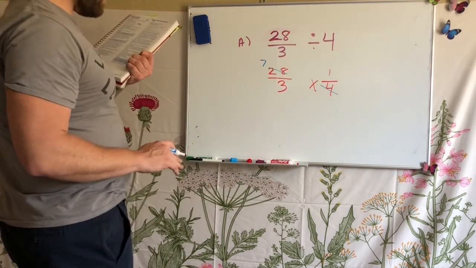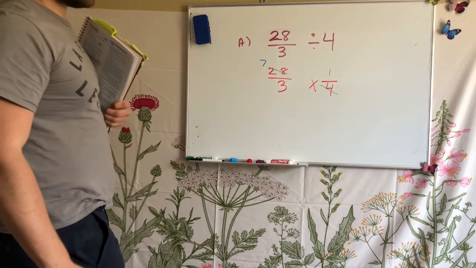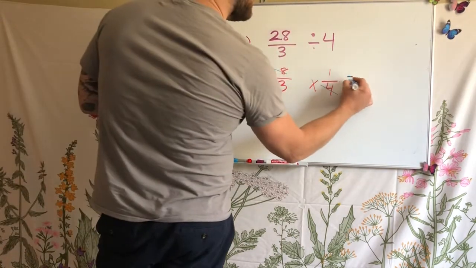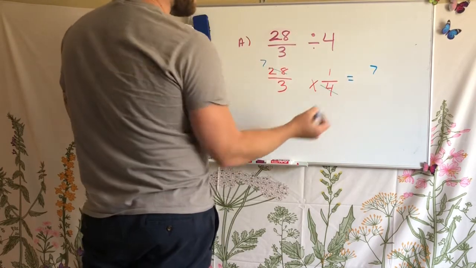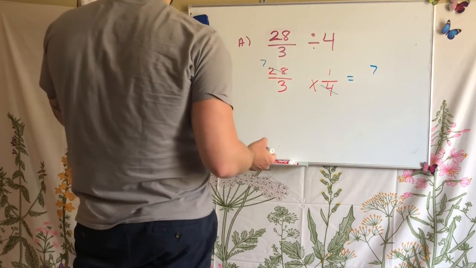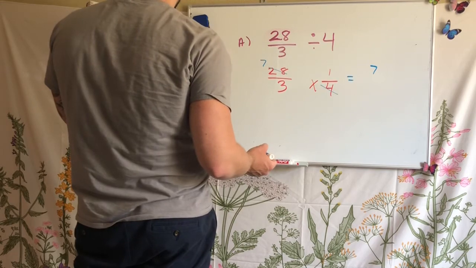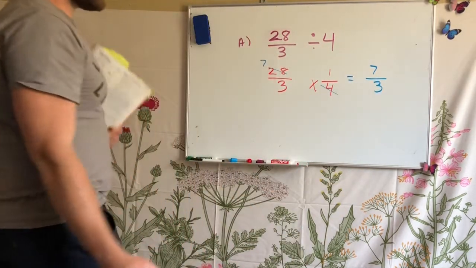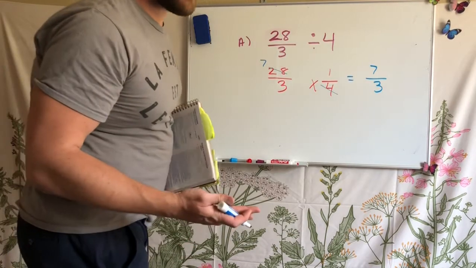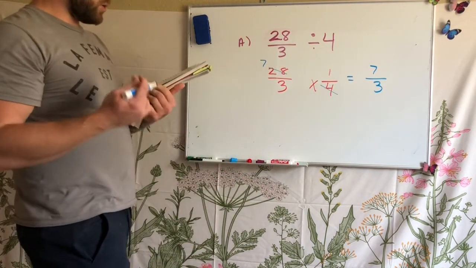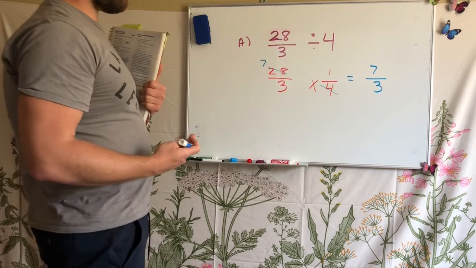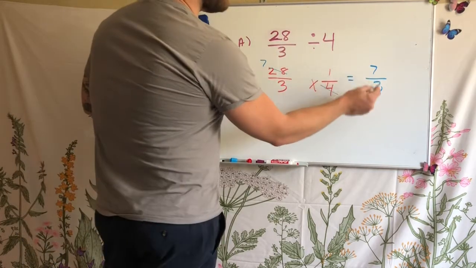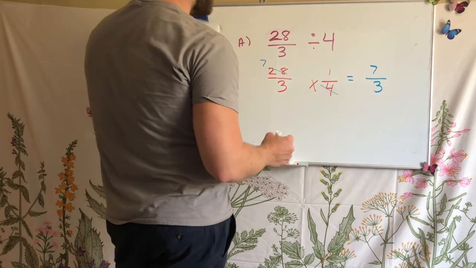So now you multiply straight across since you've reduced the fractions. So 7 times 1, 7. 3 times 1, 3. You have 7/3. Guess what? Top-heavy fraction. So you can turn that into a mixed number. How many times can it go in there?